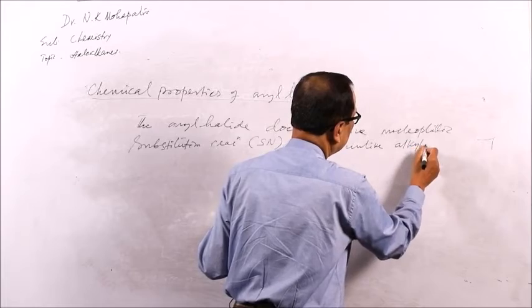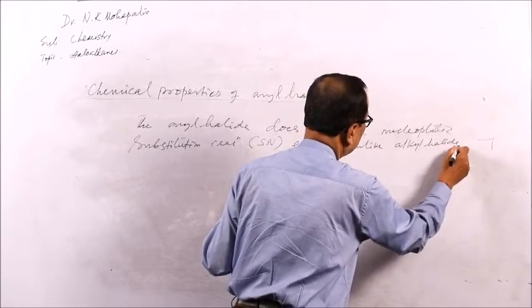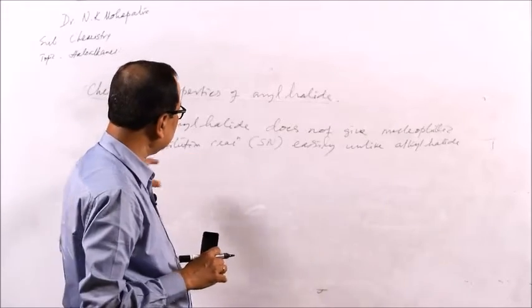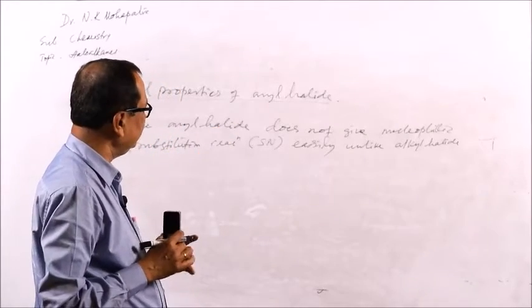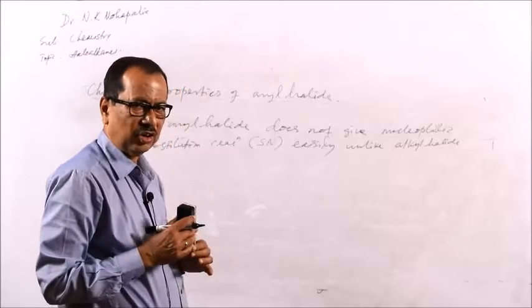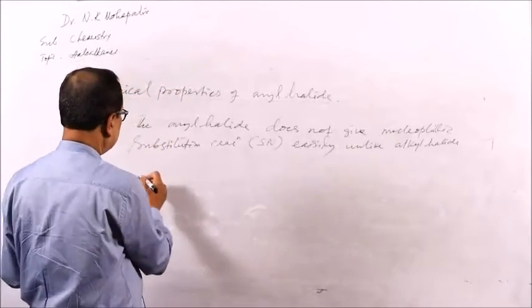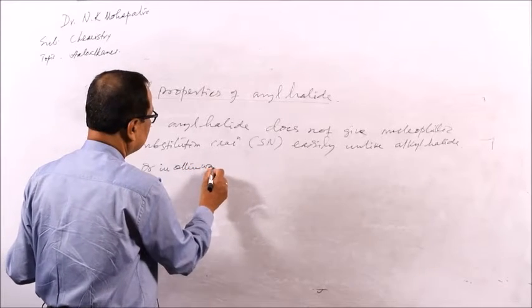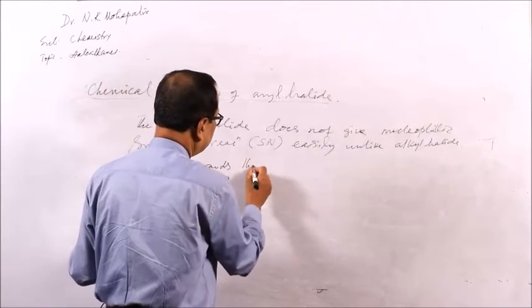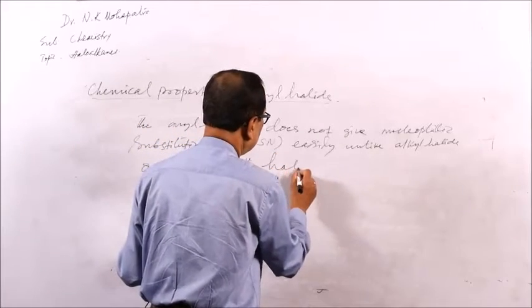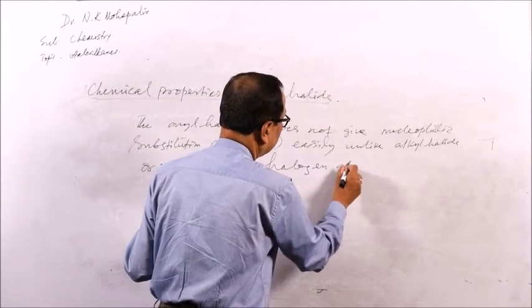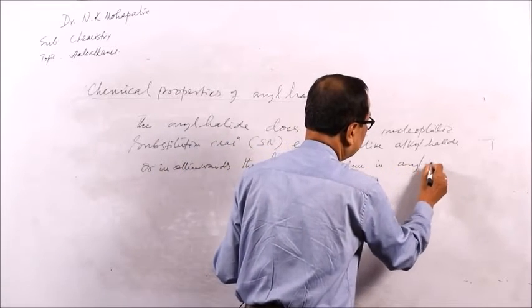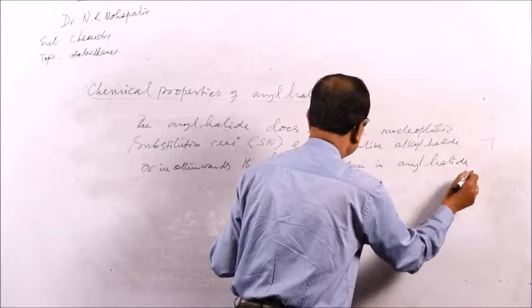We have seen in alkyl halide that nucleophilic substitution reactions are easy, but in case of aryl halide the substitution reaction is not easy. Or in other words, the halogen atom in aryl halide is inert.